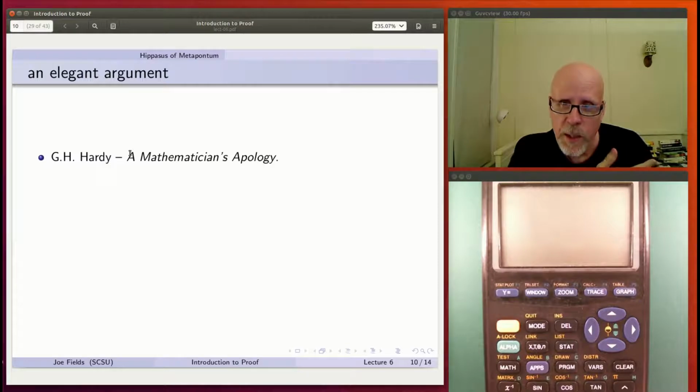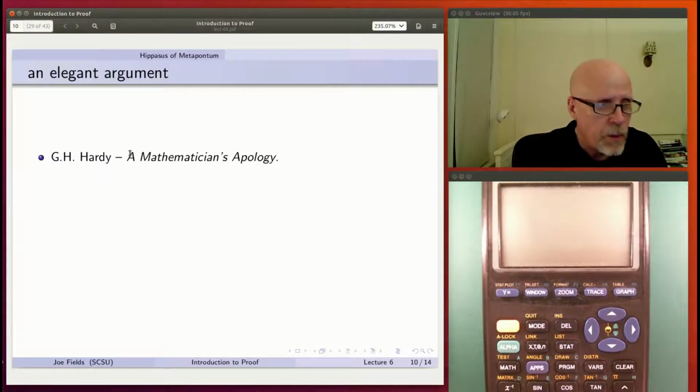It talks about the aesthetics of math, what makes an argument an elegant argument, and what makes certain arguments not so pretty, and why we should strive for the prettier arguments. He literally compared math to poetry and to art. And I think that's true, that math, when it's done well, can be extremely beautiful.